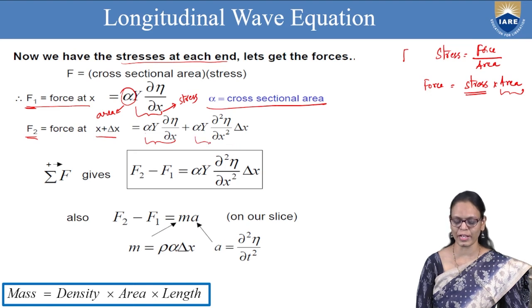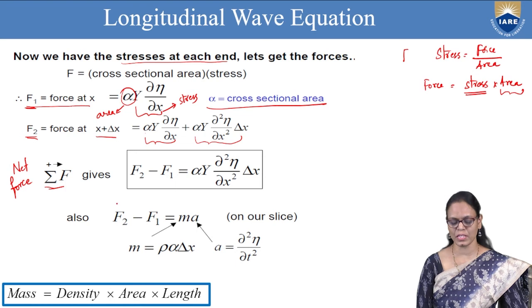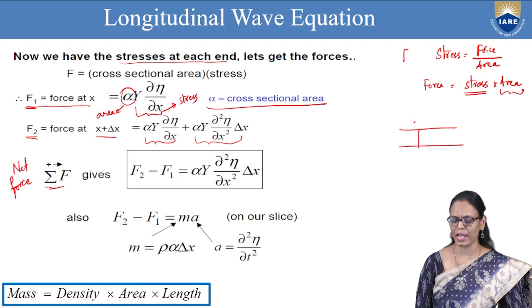So what we have got at x plus delta x is alpha Y ∂²η/∂x² into delta x. So what will be the net force, or the resultant force? The net force is given by F2 minus F1, because when we take the slice, if this is x and this is after a distance delta x, this is x plus delta x.